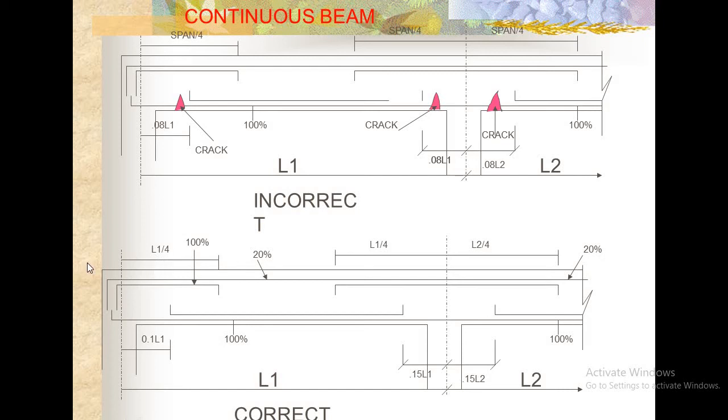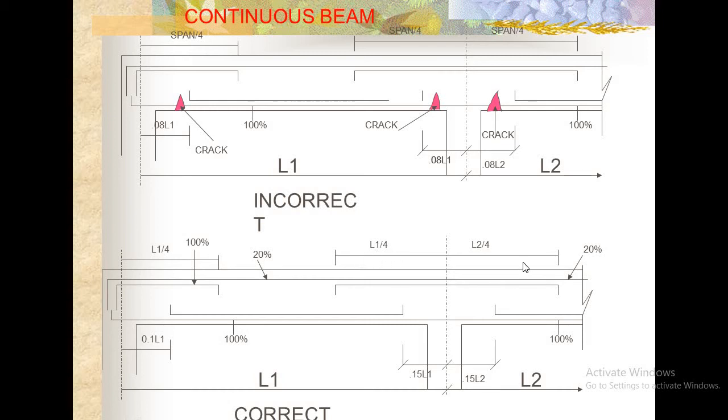At the support, the total length of the bars that you need to provide is L1 by 4. L1 is nothing but the center to center distance of the first span. Here L1 by 4 plus L2 by 4. At this point, to resist the negative bending moment, you need to extend the reinforcement at the support up to L1 by 4.